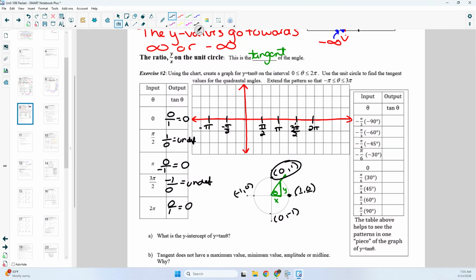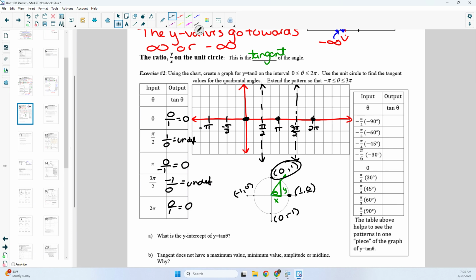Okay, so I have a 0. Whenever I see undefined, I have to draw one of those dotted lines because the graph can't go there. Okay, pi, undefined, 2 pi.